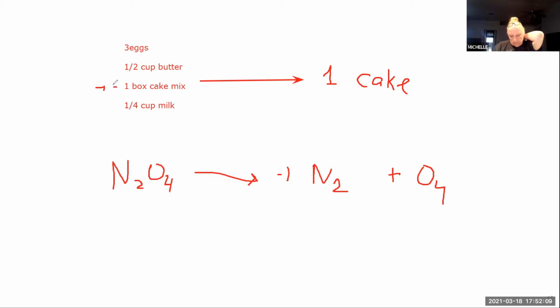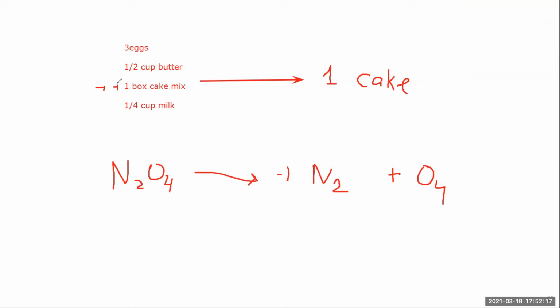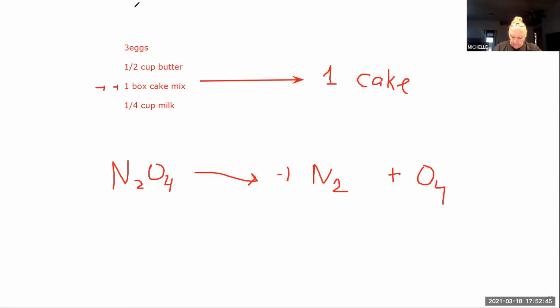I'm not going to add the cake mix at all, so I'm going to put a -1 here? Is it a cake? No. So does it make sense to have a negative value for a coefficient? No. Can you have a negative cup of butter? No. You want to think logically. In real life, if I'm making a recipe, I'm not going to have a negative of something.